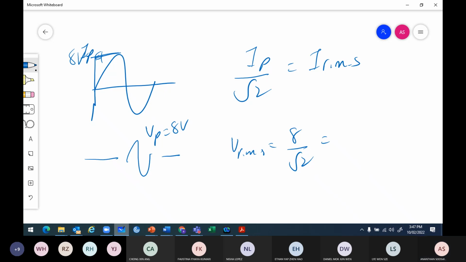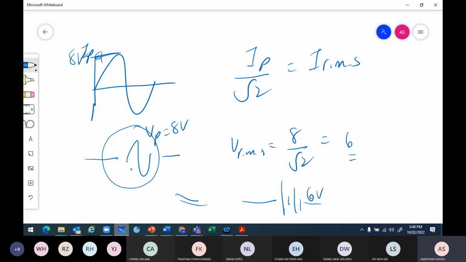Let's say you got 6 something. Let's say 6. What you should understand is that this alternating current is equivalent to a direct current of 6 volt.